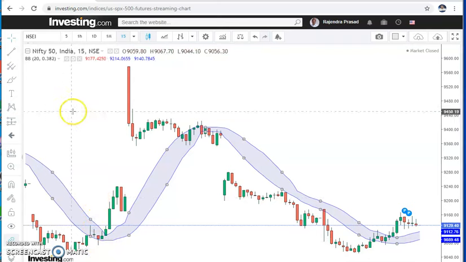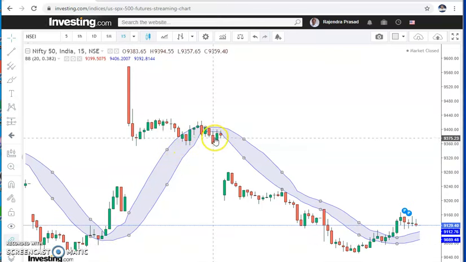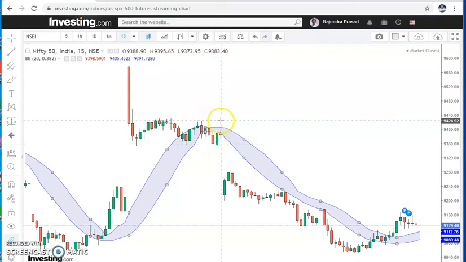Simple technique. You buy if the price closes above the band and keep a stop loss below the band. And simultaneously, if the price breaks and closes below the band, sell and keep a stop loss above. In this scenario, the profit taking should be 1:2 or 1:3.